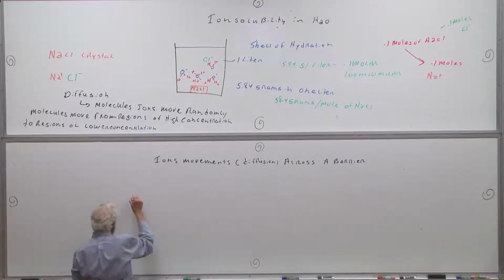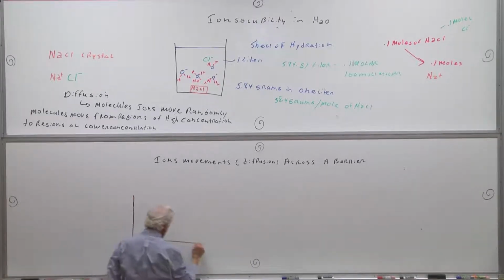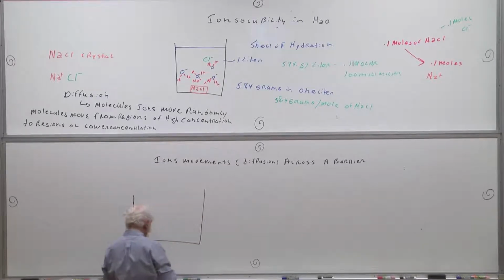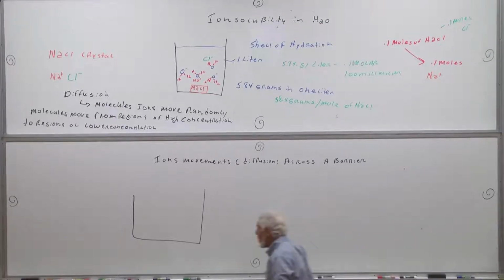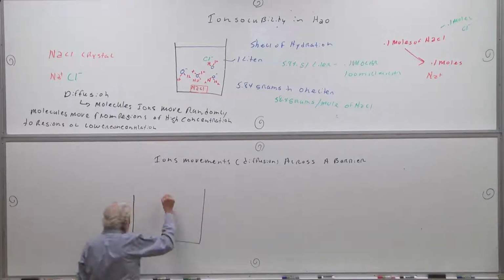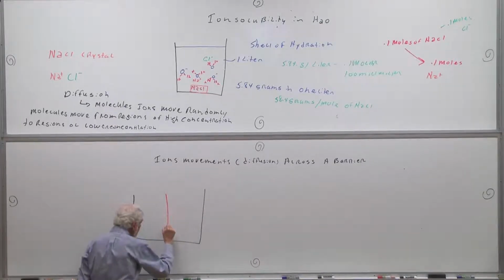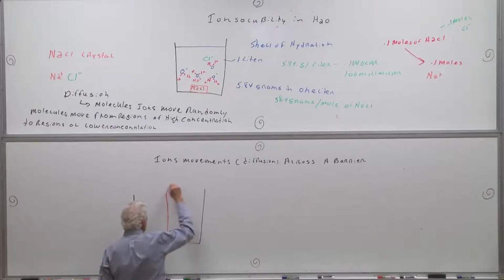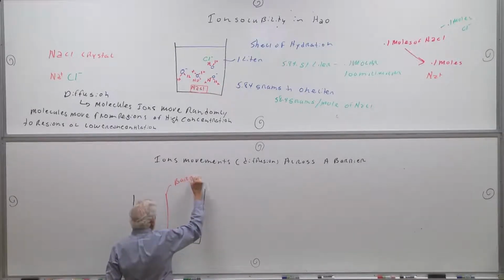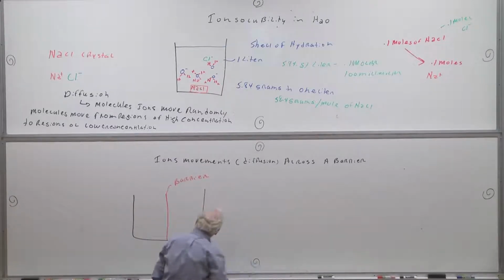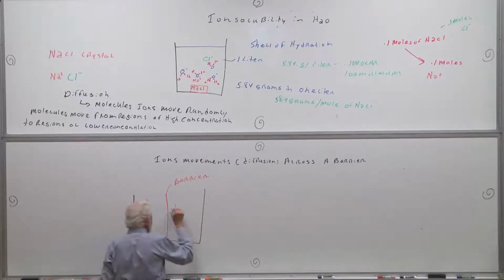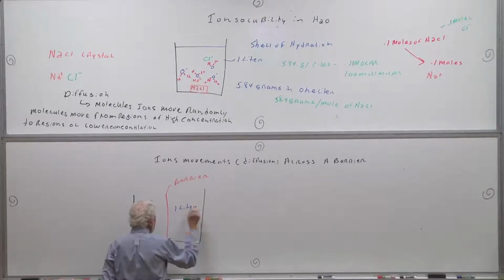We'll take the same pattern. There's a beaker. But now, in the middle of this beaker, we're going to put an imaginary wall. This is simply a barrier. On this side of the barrier, we're going to put 1 liter of water.